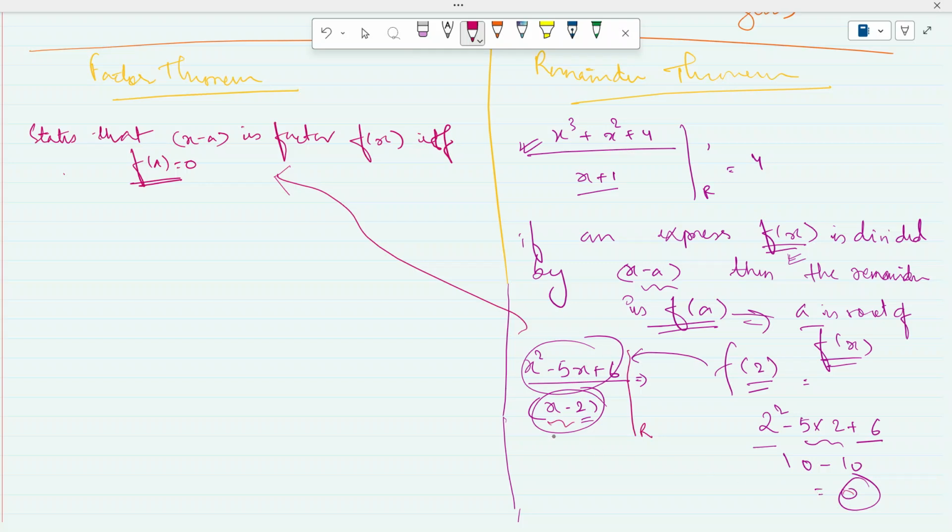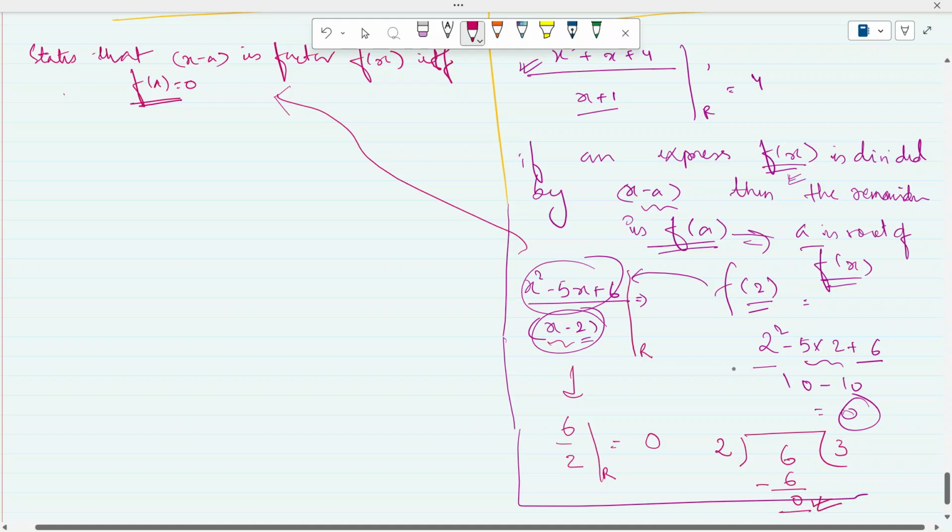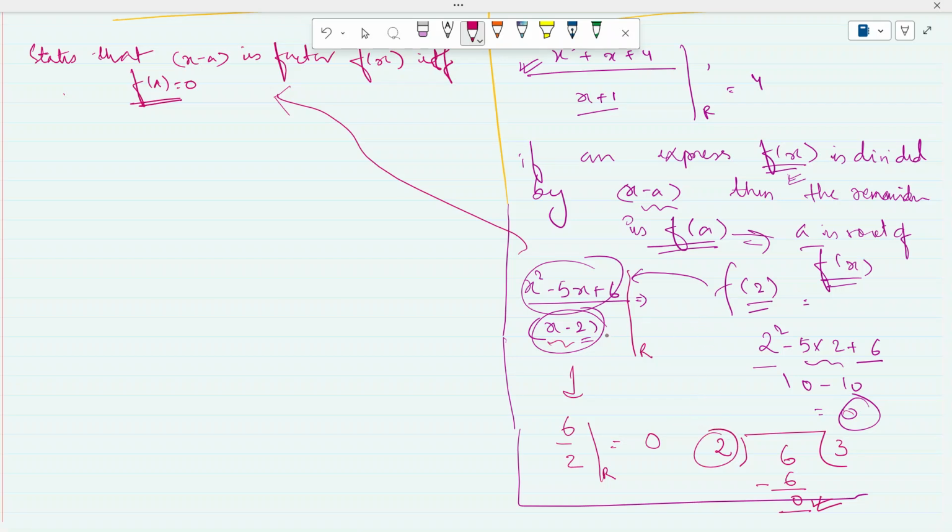Like this is like saying that we are dividing 6 over 2 and finding the remainder. 6 divided by 2 is basically 3, but the remainder here will be 0, because 2 times 3 is 6, and we subtract 6 from 6, which is 0. So basically we get the remainder. To find the remainder, what we do is put 2, like f of 2 from the remainder theorem, in this expression f of x, and we get the value. Whatever is the value is the remainder.